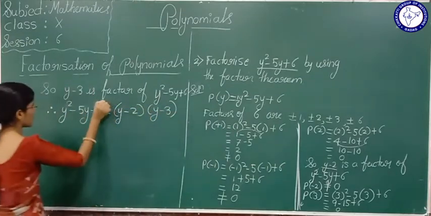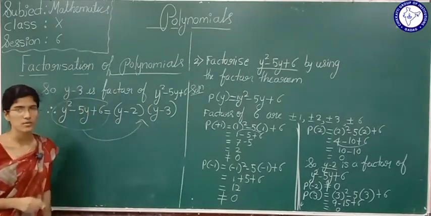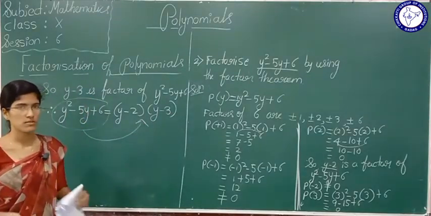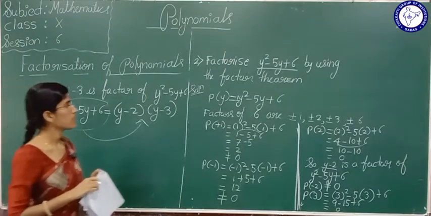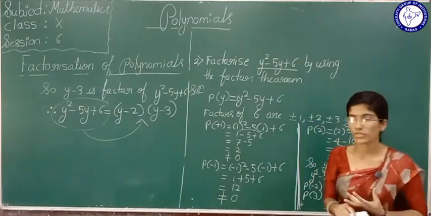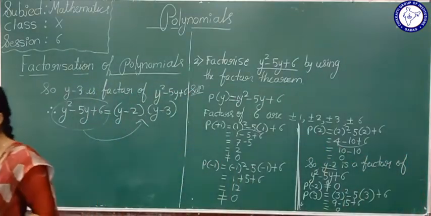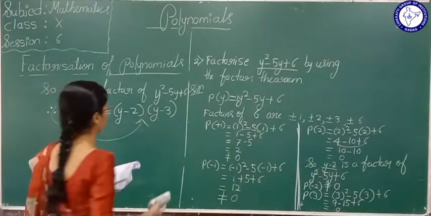See here, writing the polynomial as the product of its factors is nothing but factorization. Okay, so this is about the factor theorem. By using the factor theorem, this is how we solve the given polynomial. Okay, now we will see one more problem based on this.